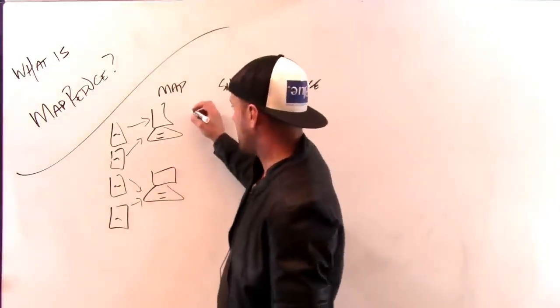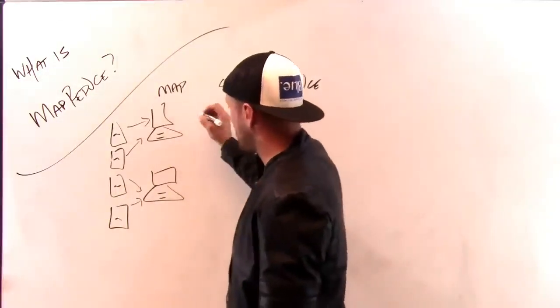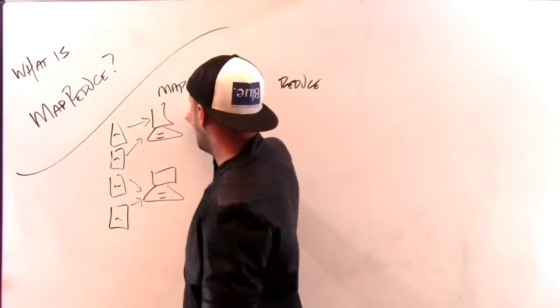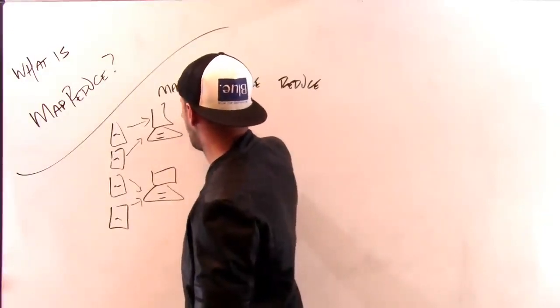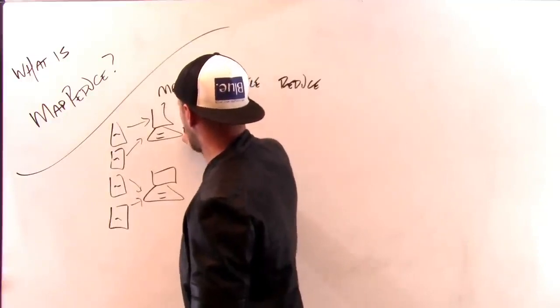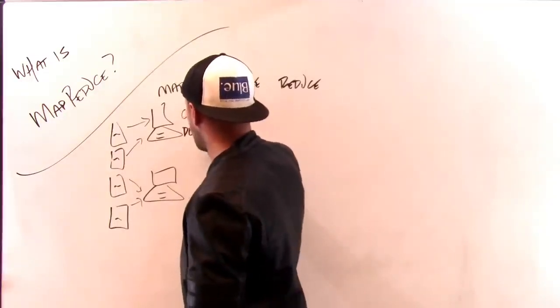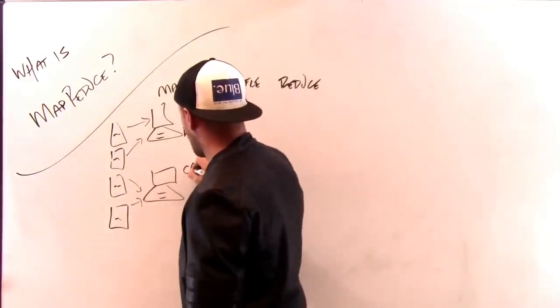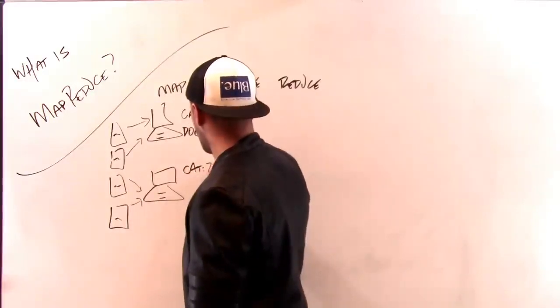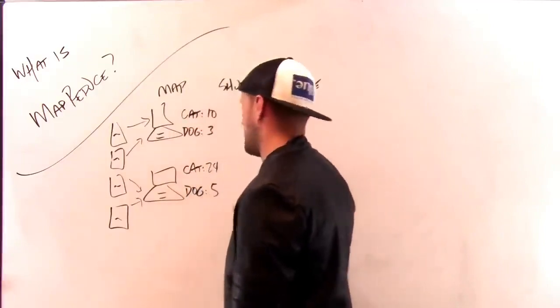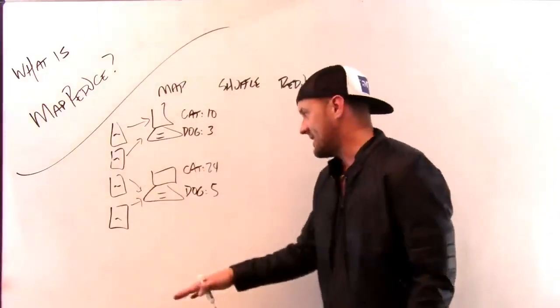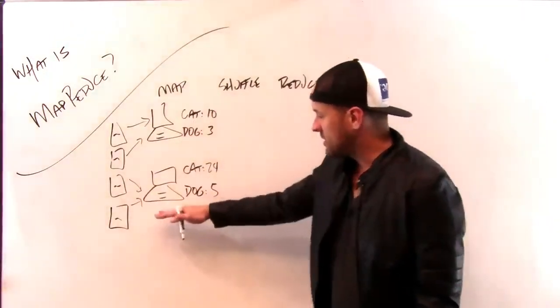So what I get out here is a set of keys and values, and the key might be the word cat appeared 10 times, and the word dog appeared 3 times. And in these documents, the word cat appeared 24 times, and the word dog appeared 5 times. Obviously, this is a cat-loving set of documents. Okay, so these are computed by these computers.